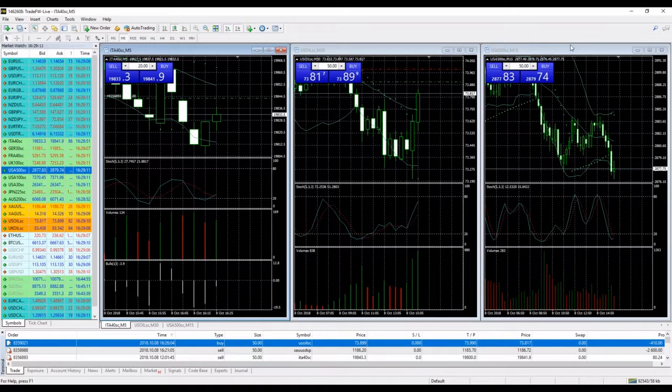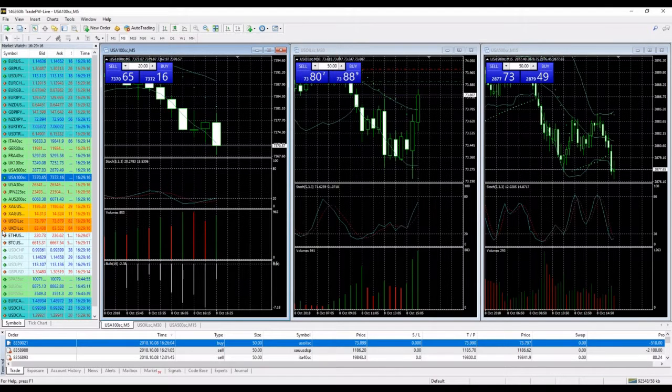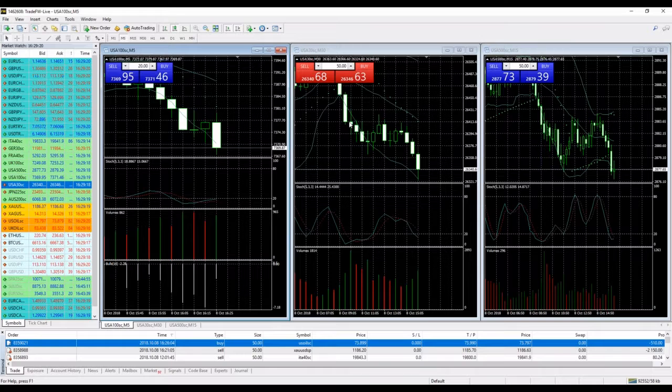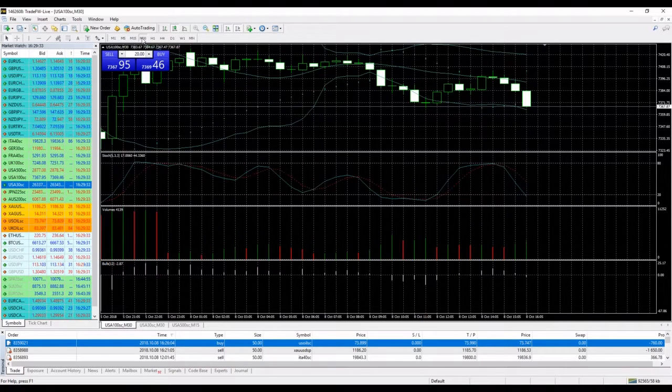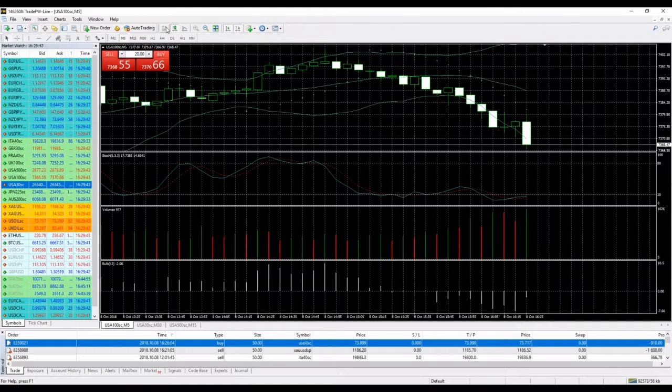I have a gold trade. Let me see. We will get ready. USA 100 over here. USA 30 here. From next week onwards, we are expecting again active movement on the index markets because of the Q3 announcement of shares. There is already kind of tension in the market.